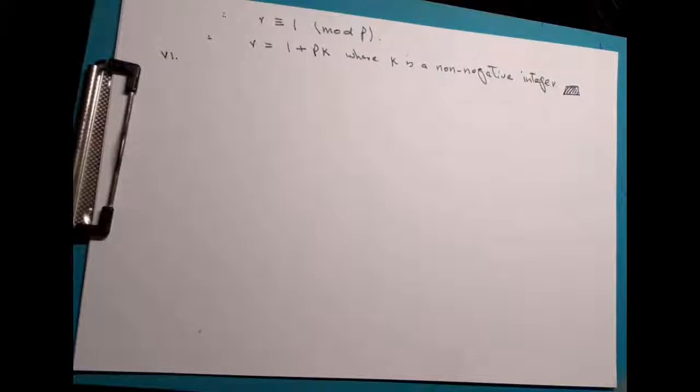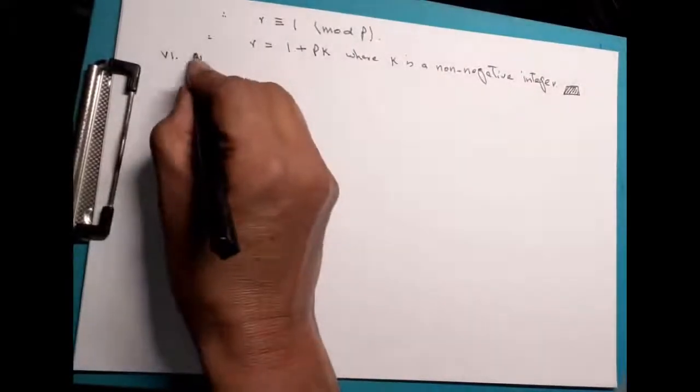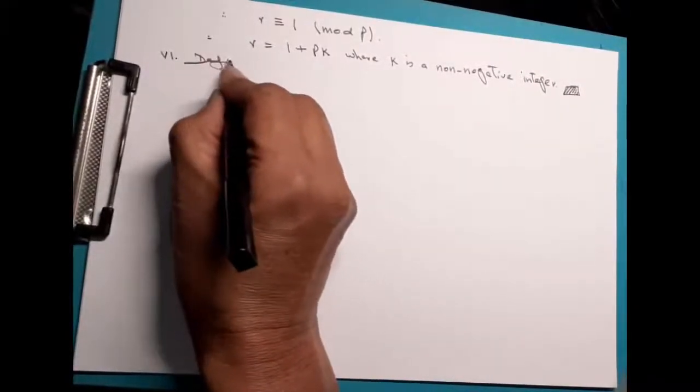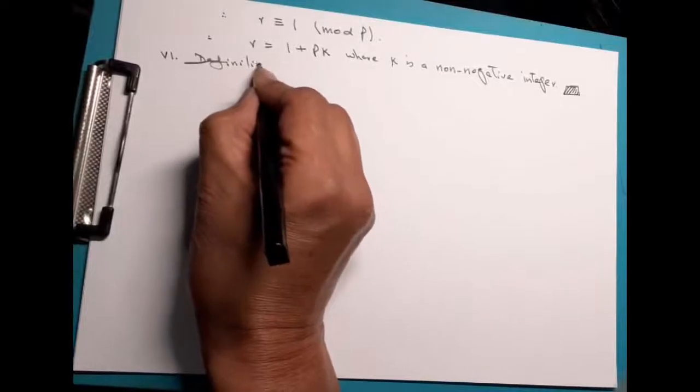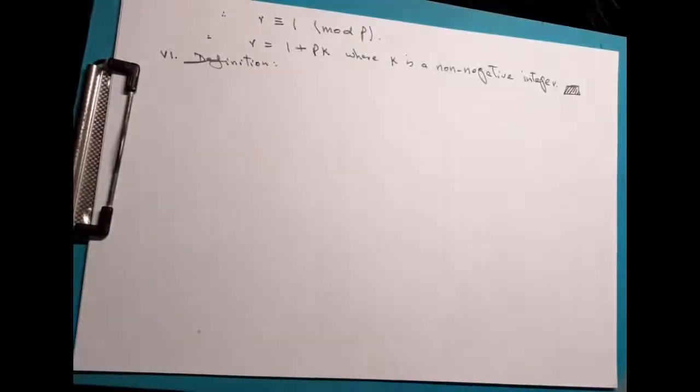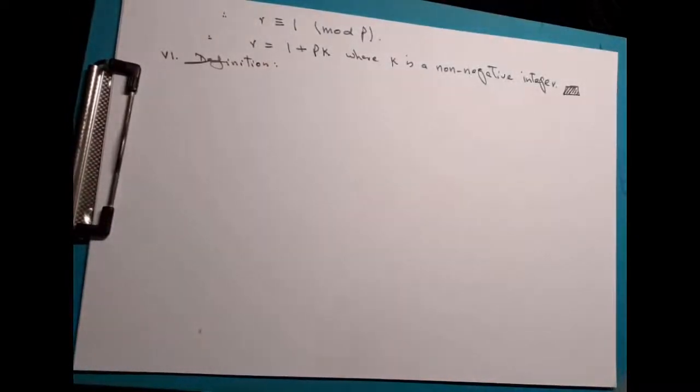Let me define first what a simple group means. Let's have a definition. A group G is called simple if it does not have a non-trivial proper normal subgroup.